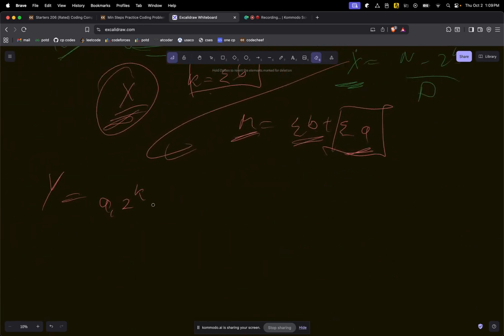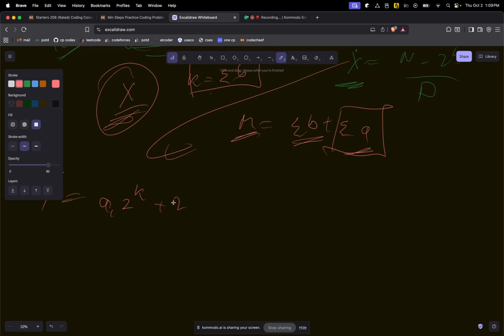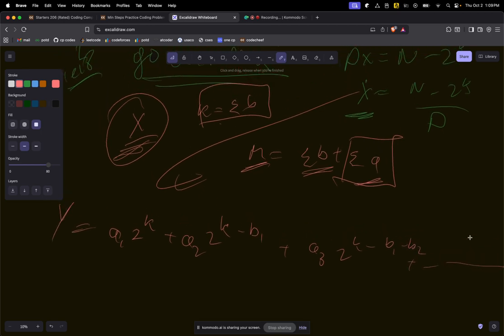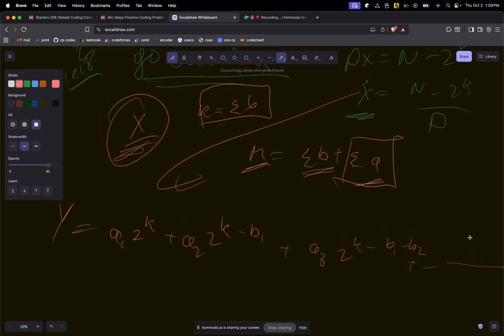So a1 plus a2 2 raised to the power (k minus b1) plus a3 2 raised to the power (k minus b1 minus b2), like this kind of thing. So for this condition to be true, we want to minimize sum over a.